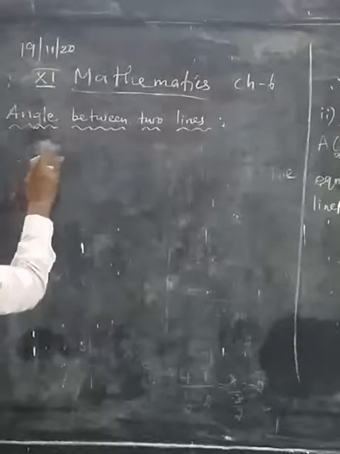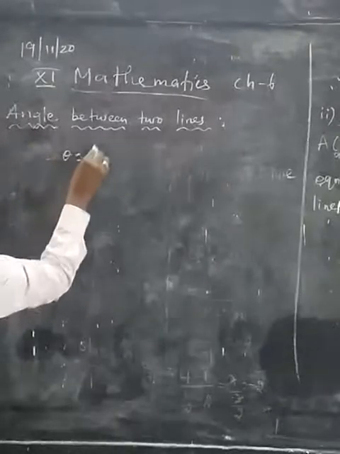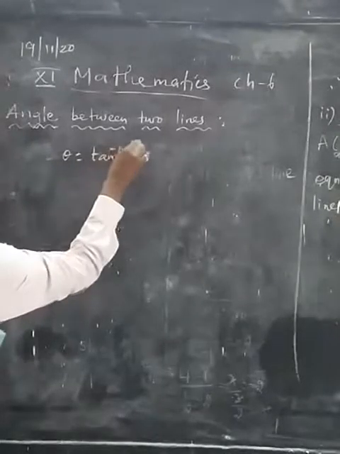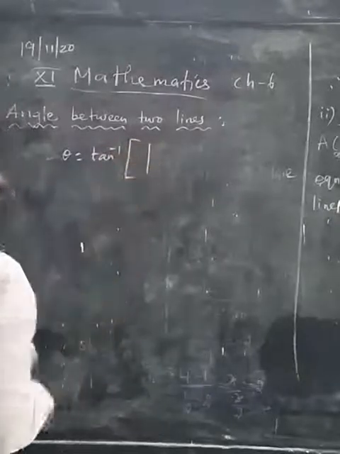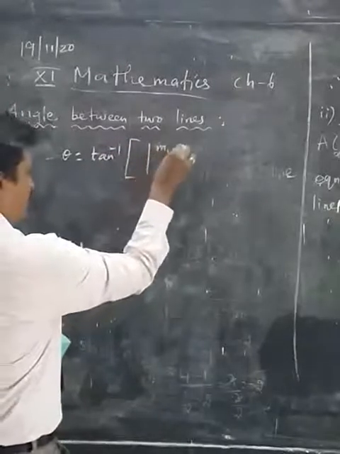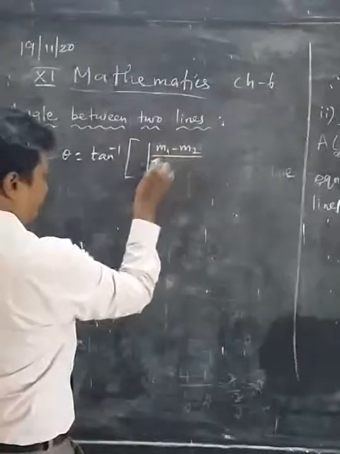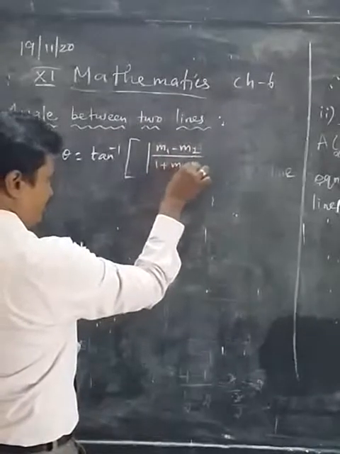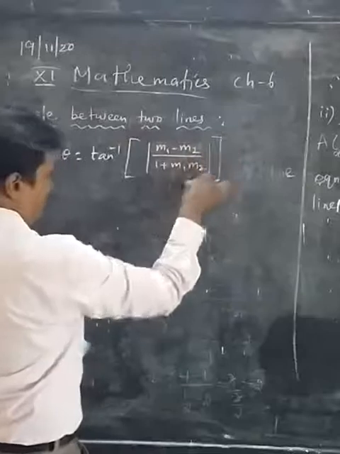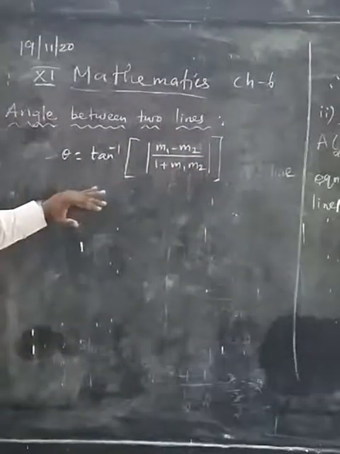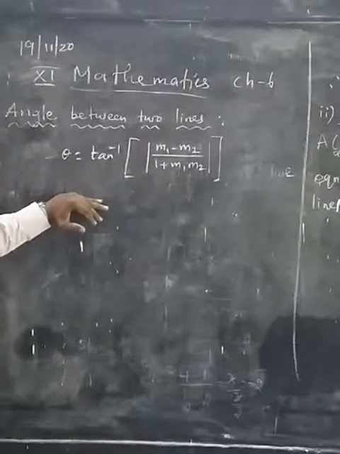The formula is given by theta is equal to tan inverse of modulus of (m1 minus m2) divided by (1 plus m1 m2). So what is this actually? This is the formula to calculate the angle between two straight lines.